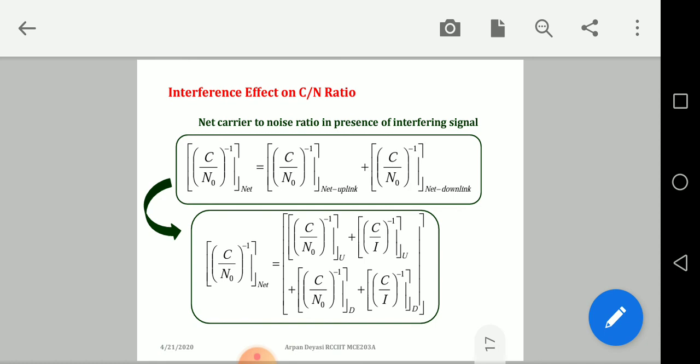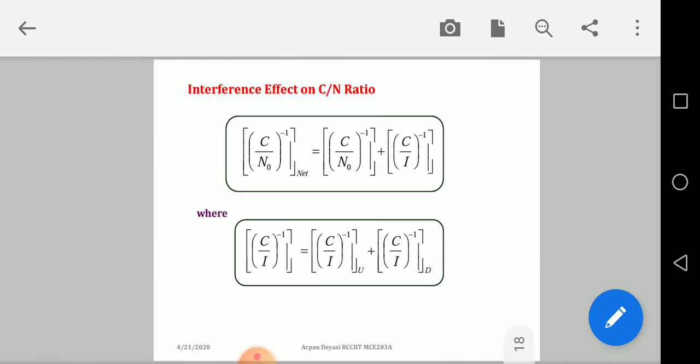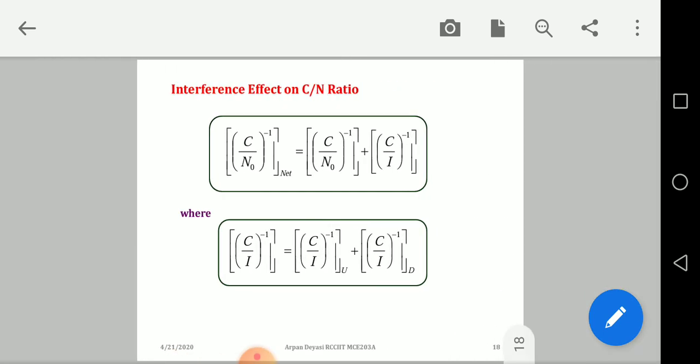So I have substituted the data, and once we have substituted, we will get the net value as C by N0 inverse plus C by I inverse. So that means, again a parallel resistance formula: 1 by C by N of the total satellite link is 1 by C by N for the actual ideal case plus 1 by C by N with the interfering case.